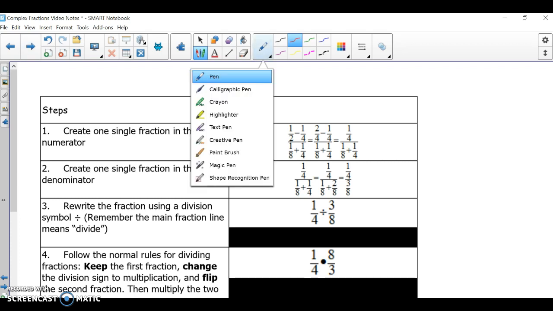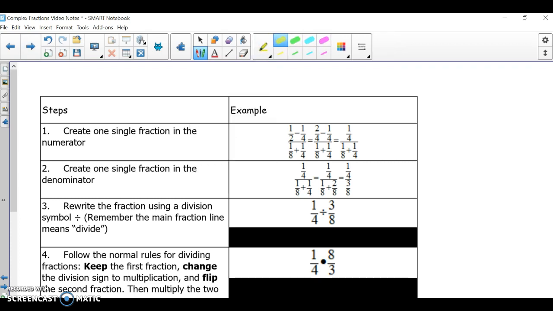So let's switch to a highlighter so we'll be able to see what we're doing. Our first step is we want to create one fraction on top. You notice on top I currently have two fractions, 1/2 and 1/4. I cannot combine those fractions because they do not have a common denominator. So I grab a common denominator.